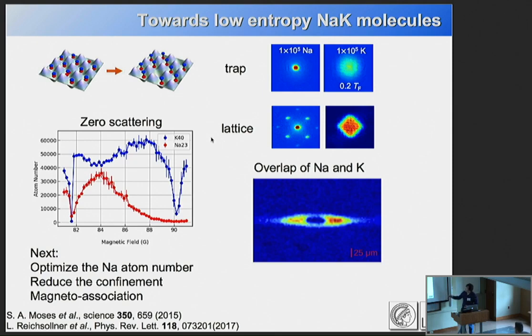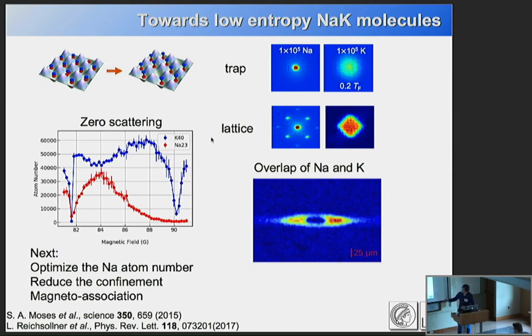We also track the overlap between sodium and potassium by the spin exchange collision. You can see the hole in the potassium is introduced by the sodium in the center of the potassium. There's also pioneering work in the JILA paper.